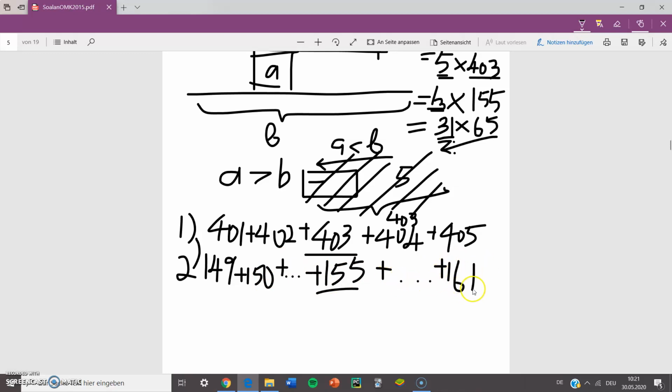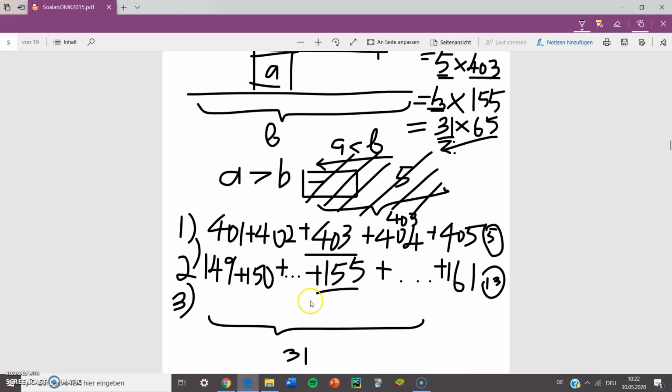So we have 13 numbers in this chain, while the previous chain has 5 numbers. And for our last way of writing, we will have 31 numbers, and 65 will be our average.